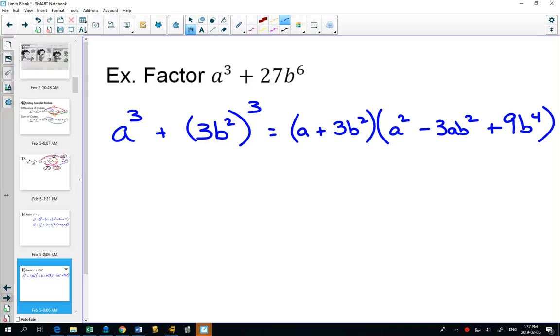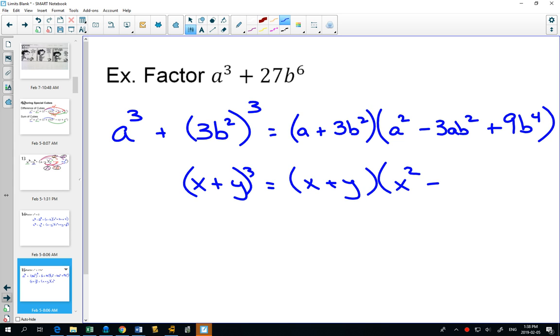Again, if we write out the formula right underneath that, let's write it out nicer. x cubed plus y cubed is equal to x plus y, times x squared minus xy plus y squared.